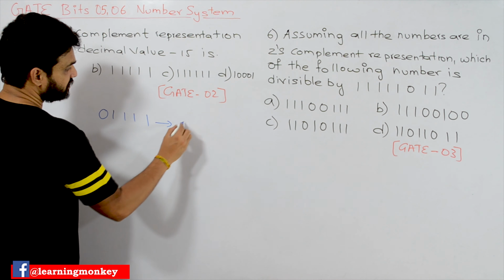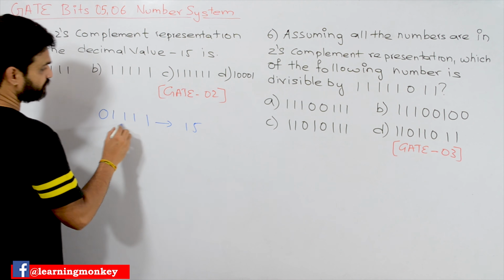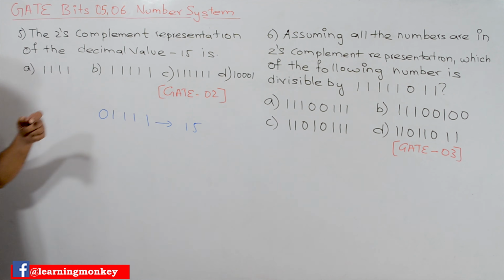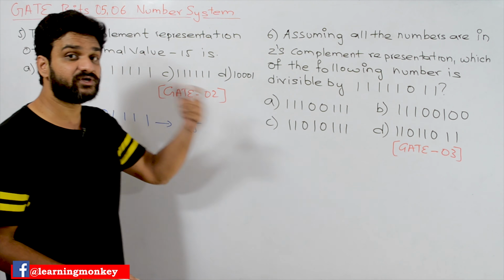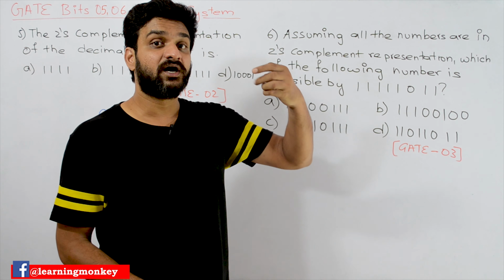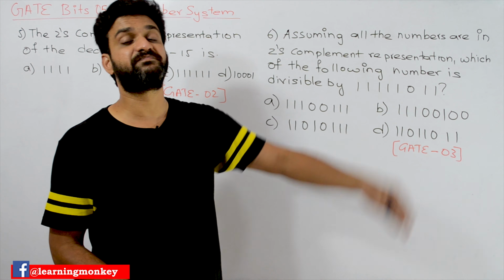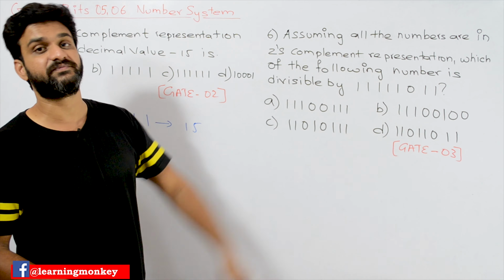So this is the binary representation of plus 15. How can the equivalent negative number be represented in 2's complement representation?